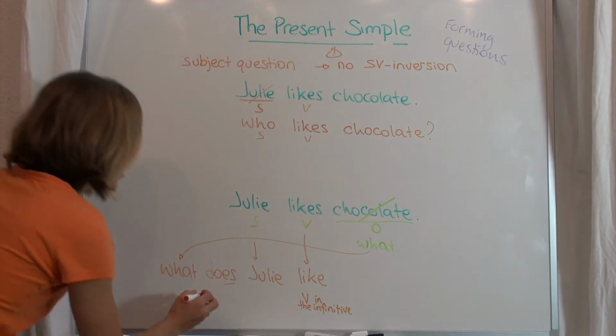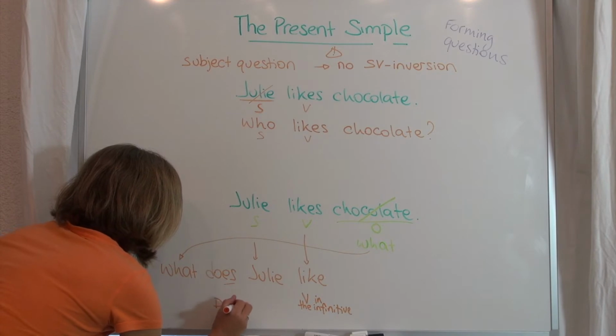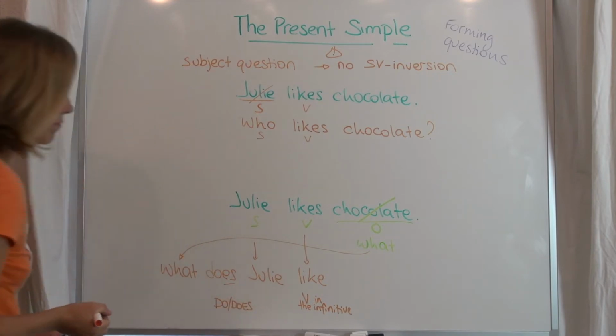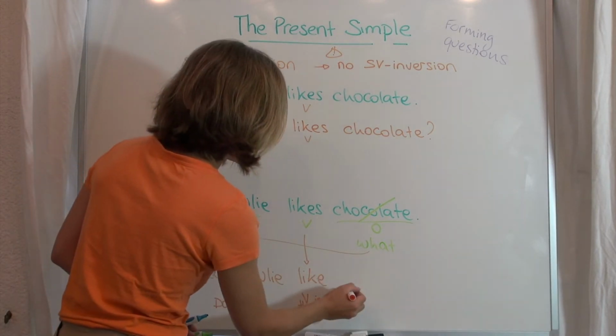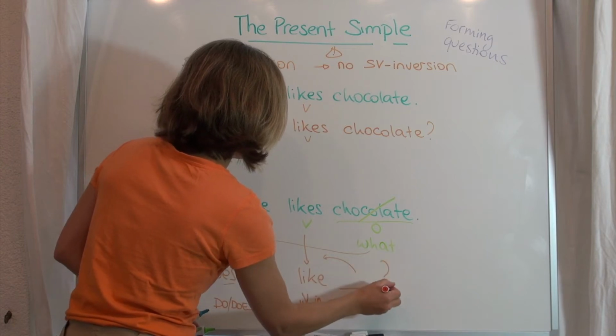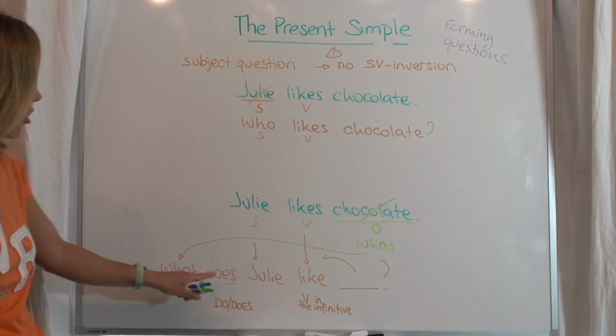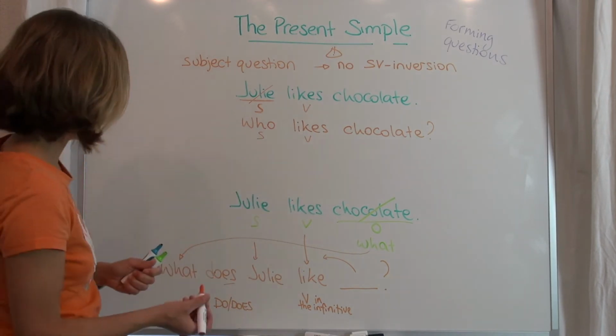Okay, and here it's do ou does. Et l'objet, on l'a plus. L'objet, il a passé de là, il est allé devant. Donc on a What does Julie like? Julie likes chocolate is the answer.